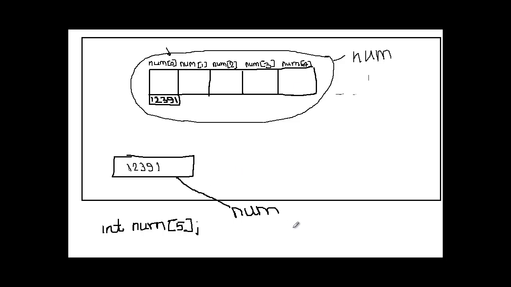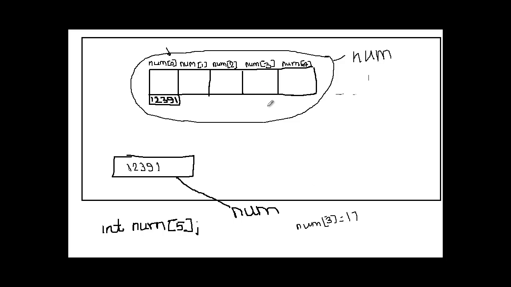Now if I say num at 3 is equal to, say, 17, the compiler can locate this address by knowing this address. It clearly knows that this is the 0th element, and it will add 1 to reach this, add 1 to reach this, and add 1 to reach this.